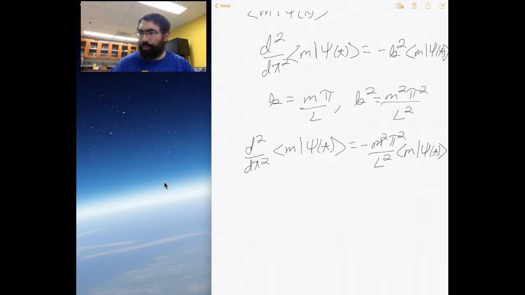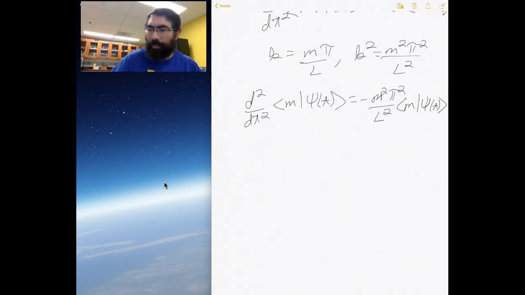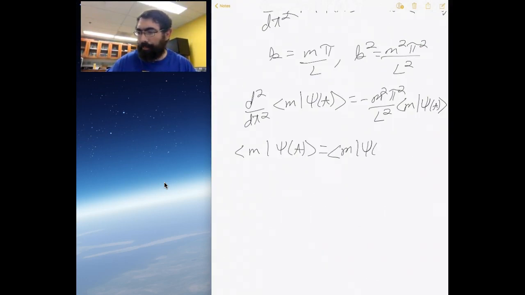So we can solve this with respect to time, and what we would get is that this particular function would be equal to some initial starting point, at time equals 0, times a cosine of m pi over L times the time. Again, it's a lot like the previous solution in position space.